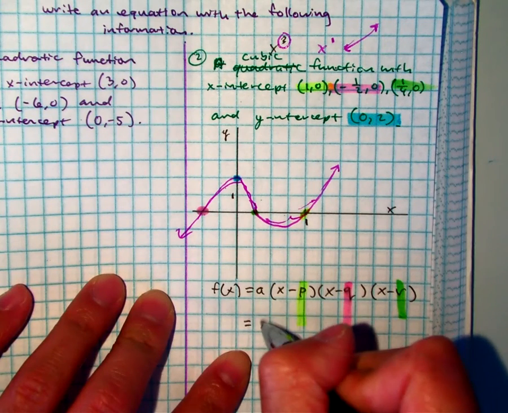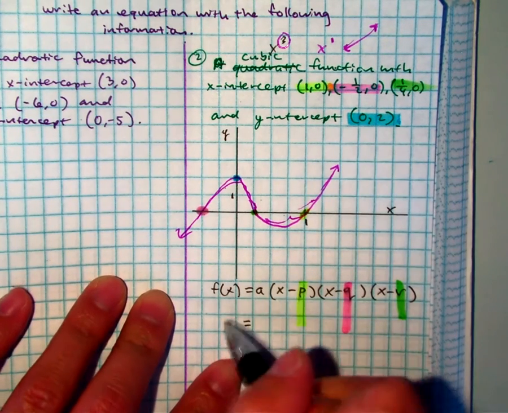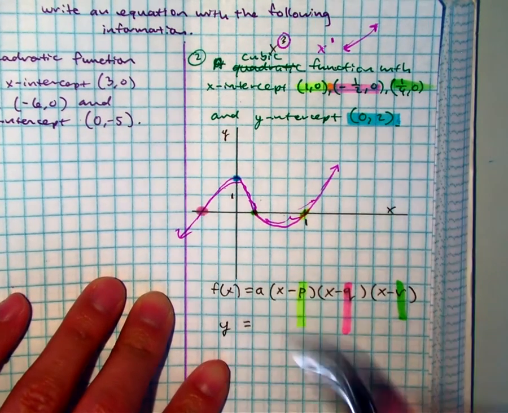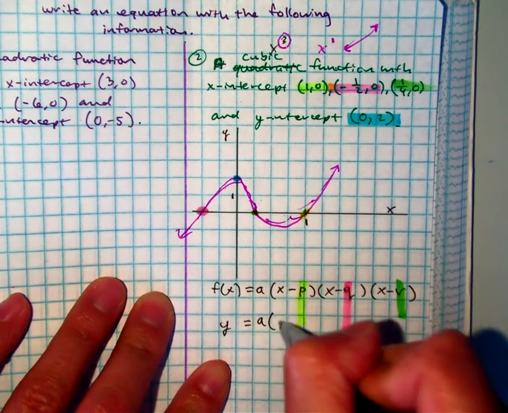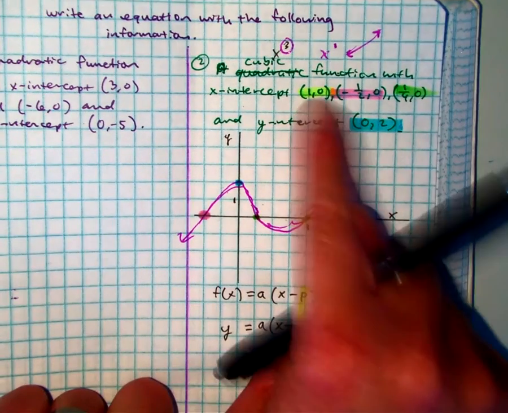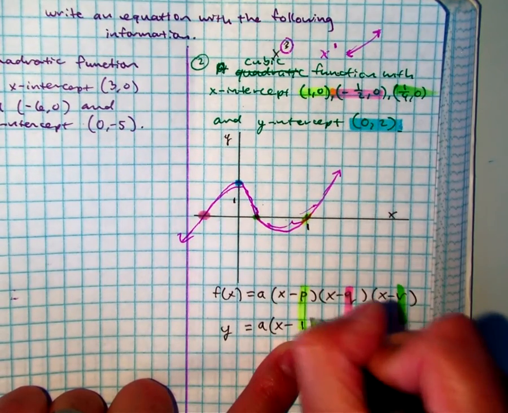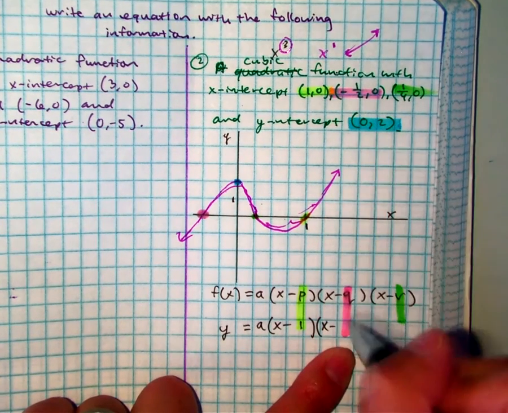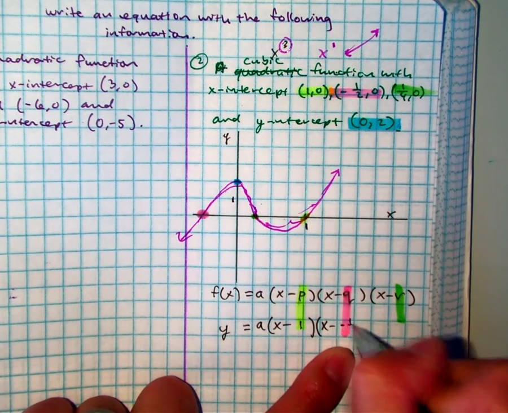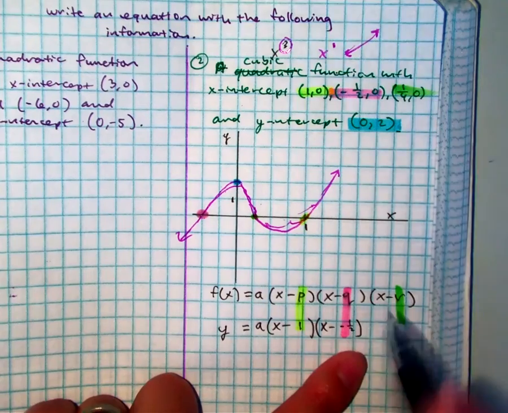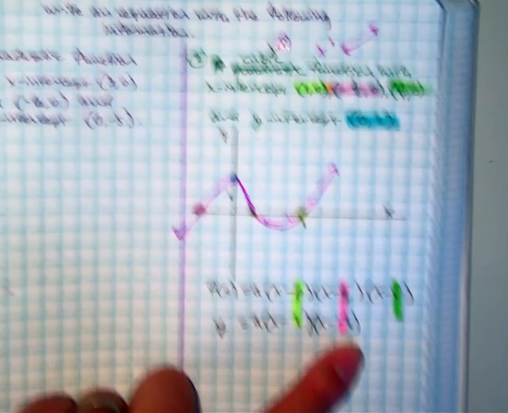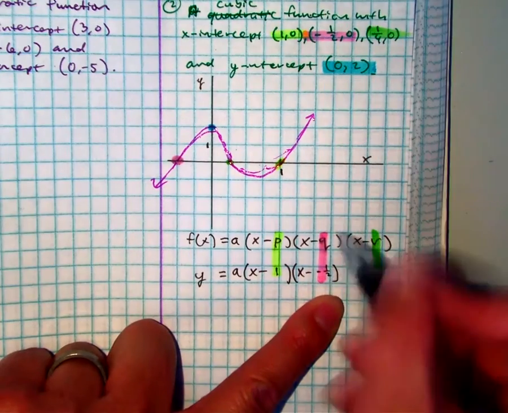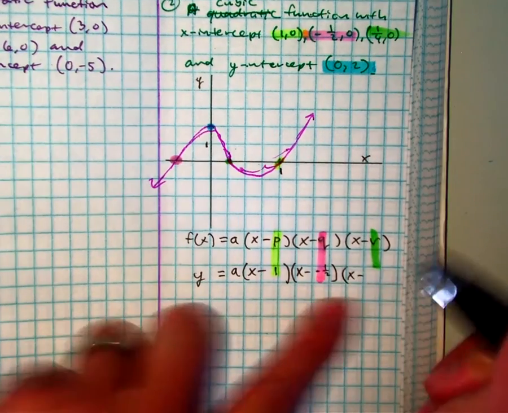We're going to leave the a value. I'm going to change the f of x to a y, so that makes it a little bit easier for us. So there I have my p value, which is a 1, x minus negative 1/2. Remember, there is a minus sign in our factored form. x minus 1/4.